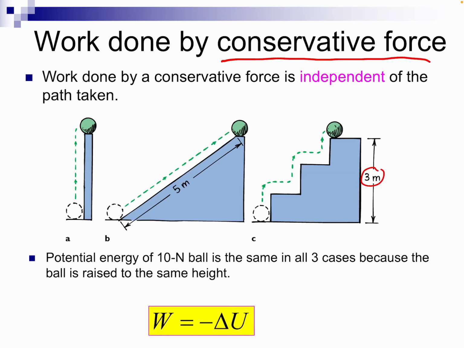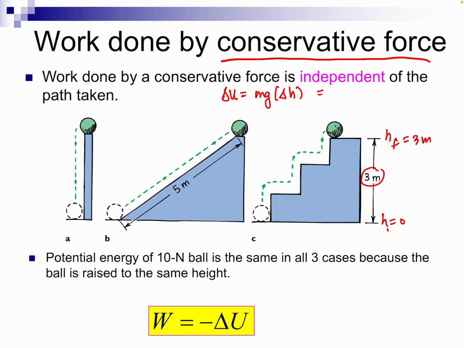How much work is done? So we can say delta U equals mg delta h. We can use the ground as our reference height, and 3 meters as our final height.